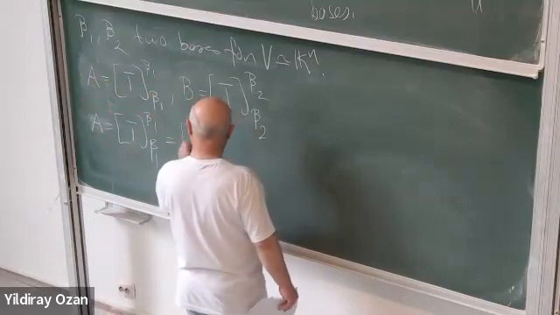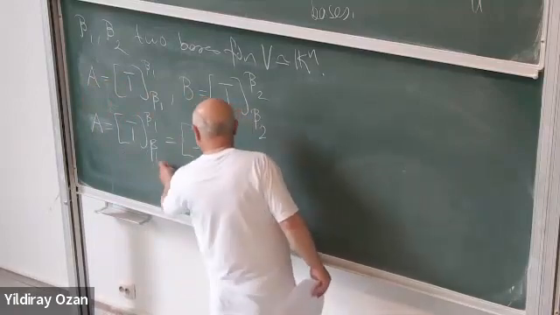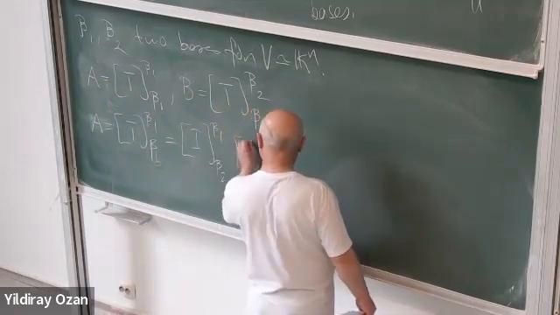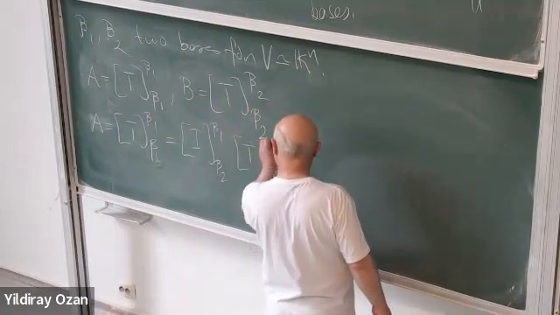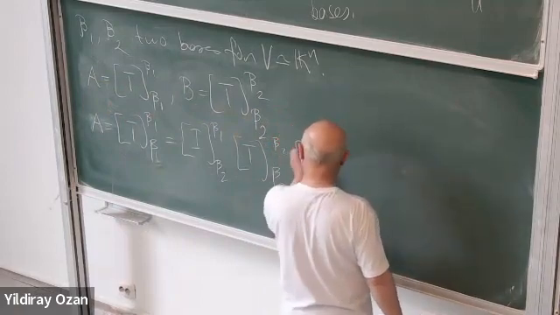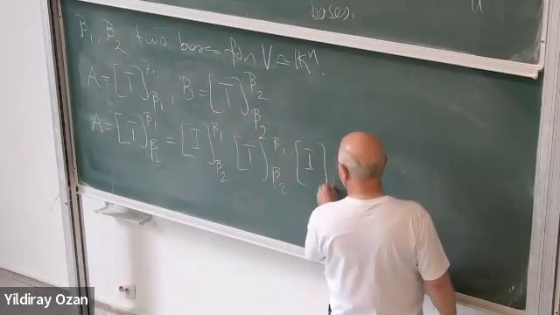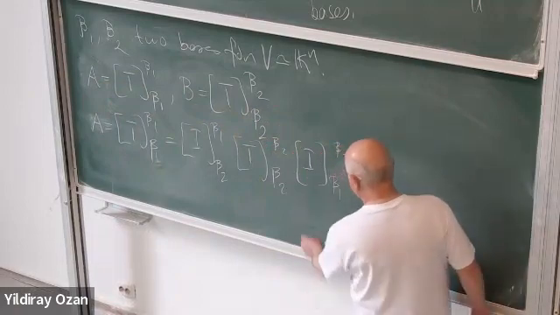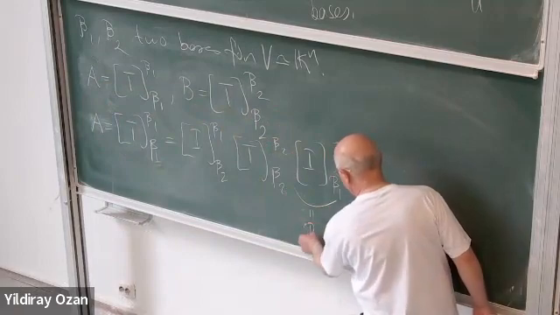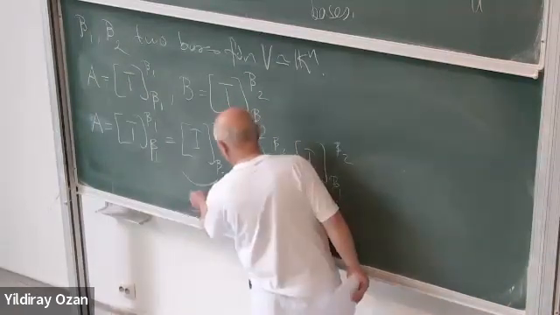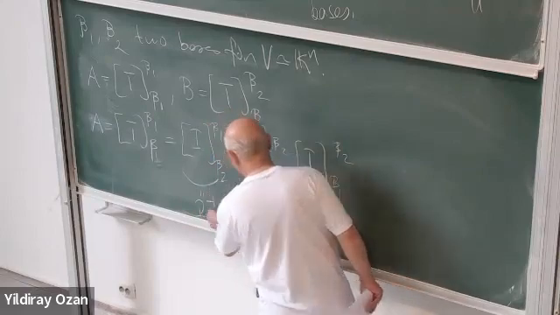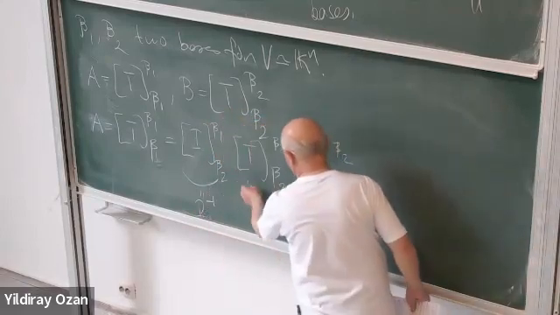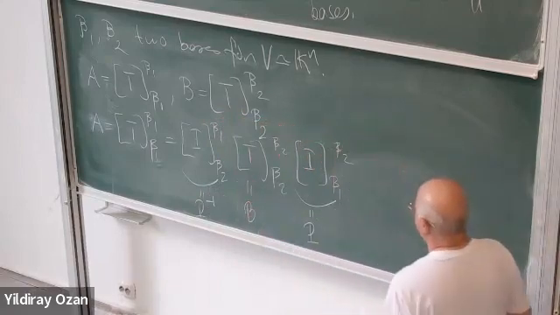Then we just, of course, go from beta 2 to beta 1, and here I get T, beta 2 to beta 2, and here I have an identity from beta 1 to beta 2. So if this is the matrix P, this is the matrix P inverse, okay?